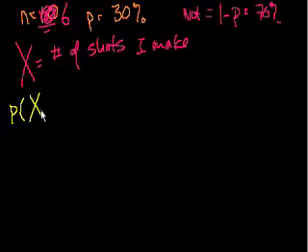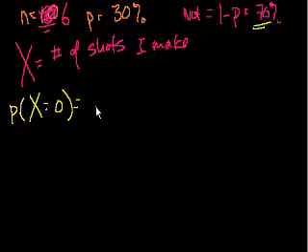that X is equal to 0? So I make no shots at all. I take 6 shots, and every shot I take, I miss. So in order for that to happen, this event has to happen 6 times in a row. Something with a 70% probability has to happen 6 times in a row.